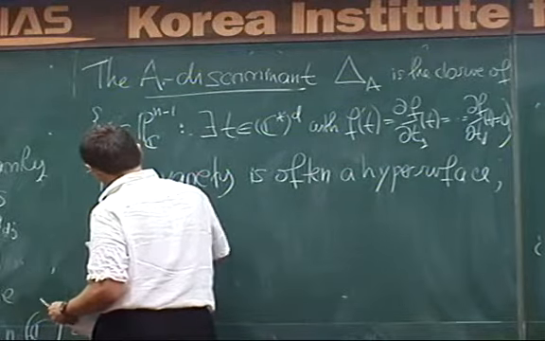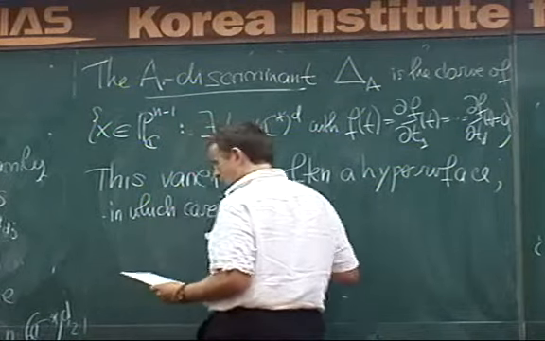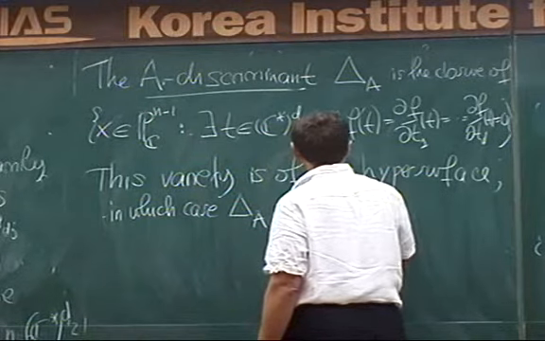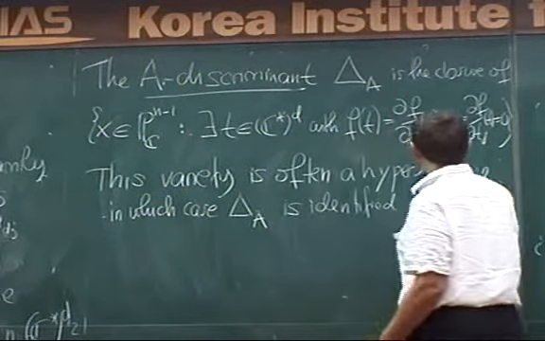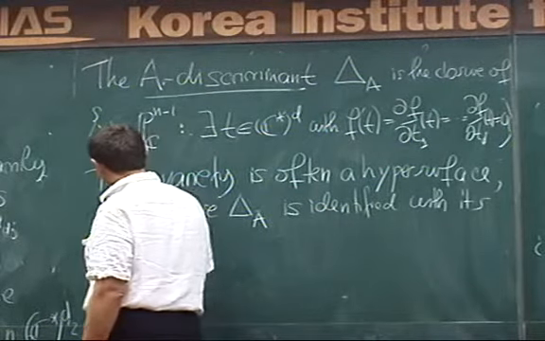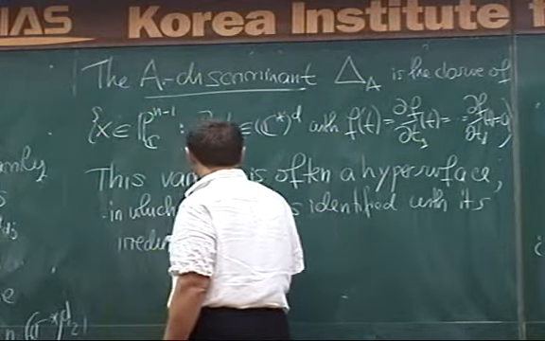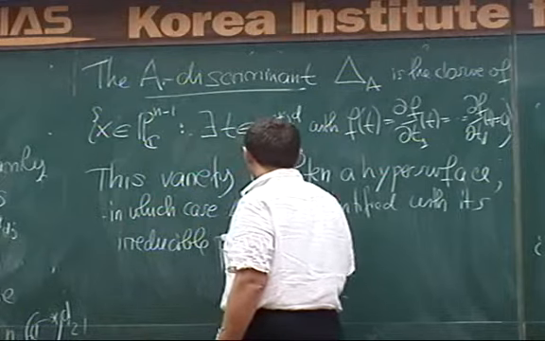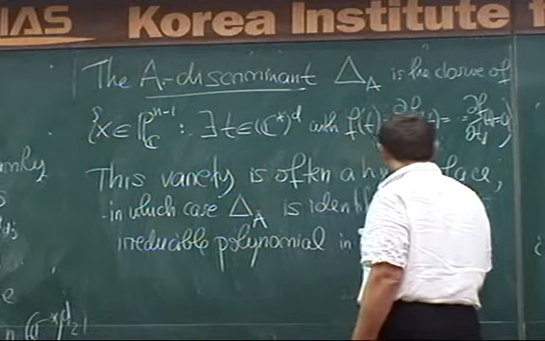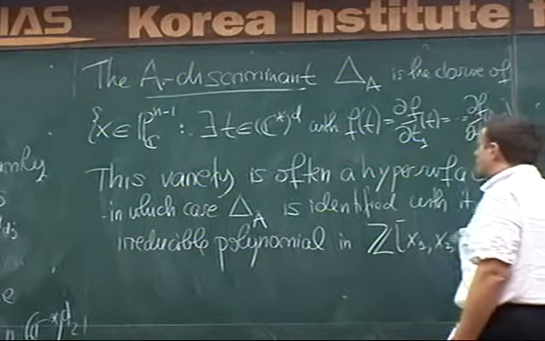And if it's a hypersurface, in which case we're going to identify this hypersurface with its defining, unique up to sign, irreducible polynomial. And we're going to make this polynomial the irreducible polynomial with integer coefficients in x1 up to xn.